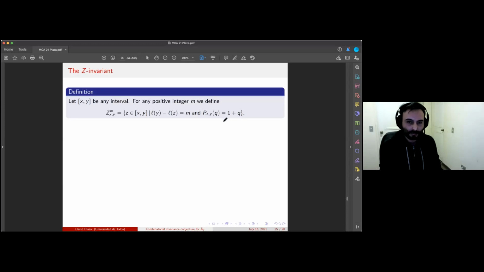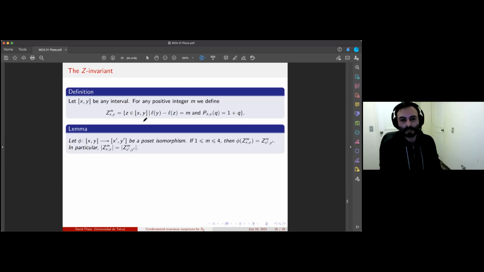And the cardinality of this set is a poset invariant if m is less than or equal to 4. This is because of the result I mentioned in the first section: we know that the conjecture is true for intervals of length less than or equal to 4. So when m is less than or equal to 4, we know that the cardinality of these sets Z is a poset invariant. And this is our first invariant.